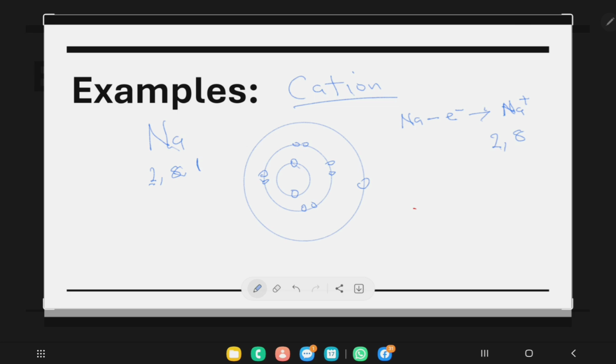Now, if we represent it in the circular form, you can see the sodium atom has the first shell, second shell, and third shell. Sodium ion now has first shell and second shell, because due to the loss of this electron here, this shell has disappeared.